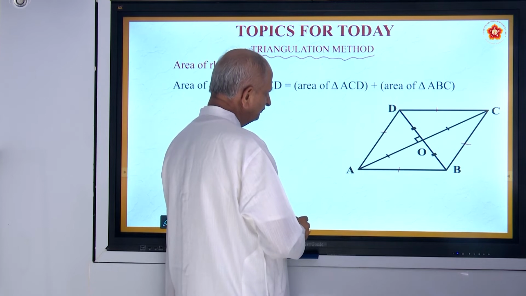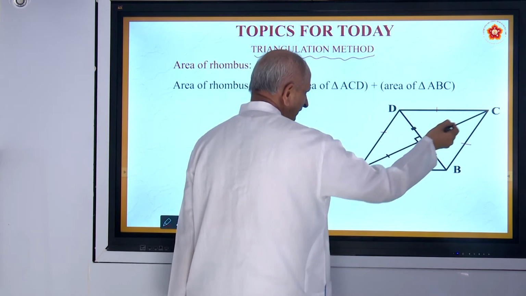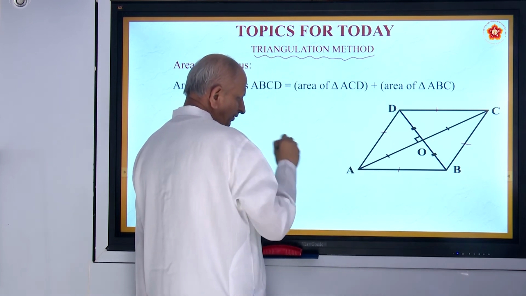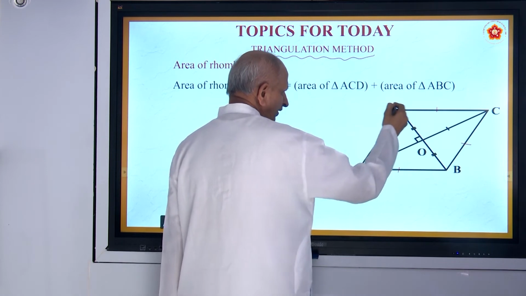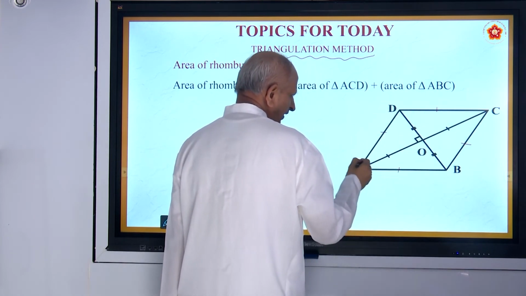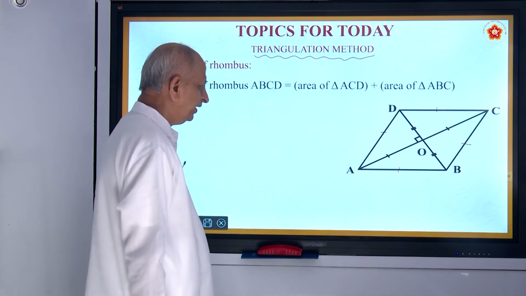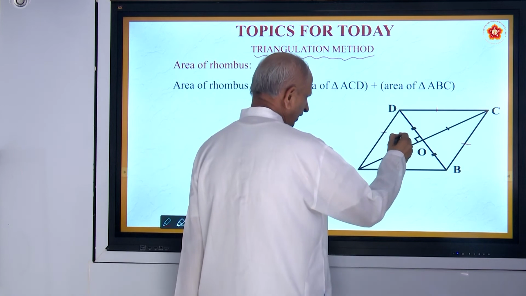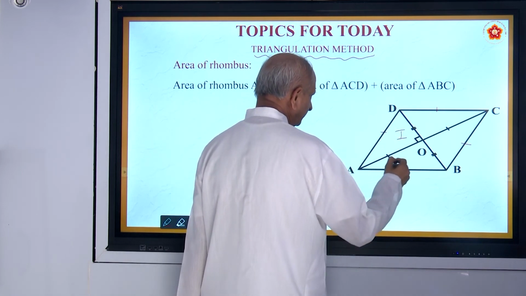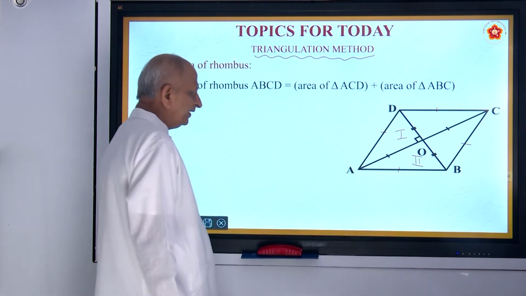You have triangle ACD, taking AC as the base. AC is one diagonal that you are taking as base. You have ACD, one triangle. Another is ABC, second triangle. So area of rhombus means the two triangles, namely ACD and ABC. You have to find the sum of the two.